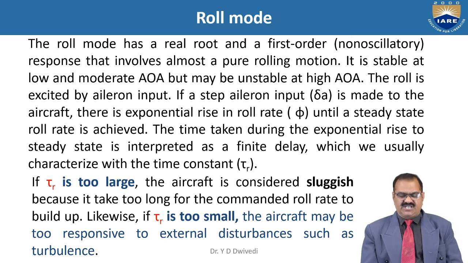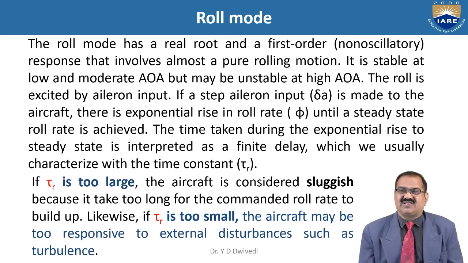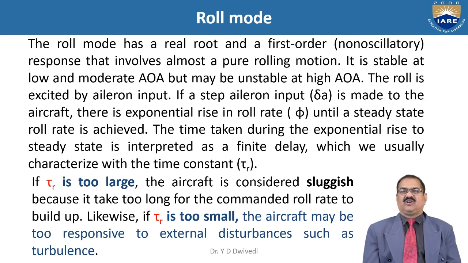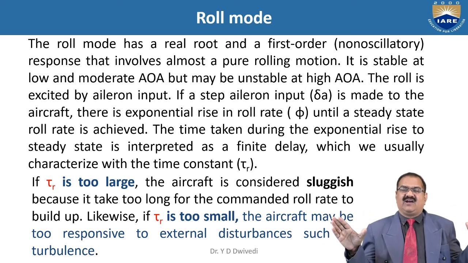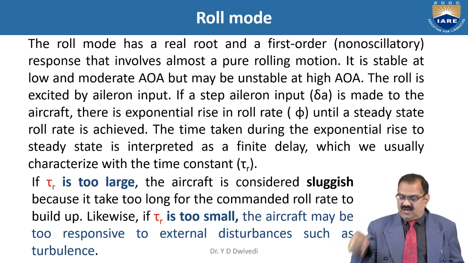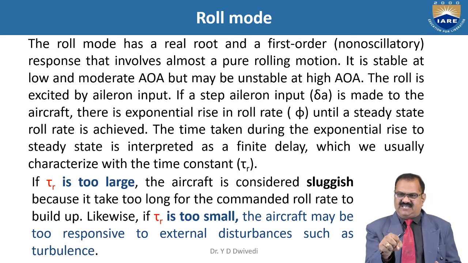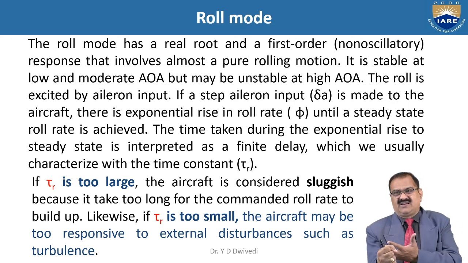If this time constant tau r is too large, the aircraft is considered sluggish because it takes too long for the commanded roll rate to build up. Suppose the pilot has applied the aileron, and after the application it is taking more time, 10 seconds, 20 seconds, to react. Then the pilot will say that your ailerons are sluggish.